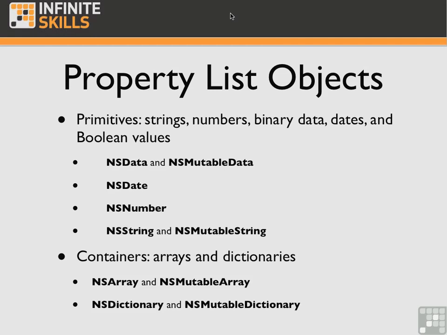Property lists are perfect for storing small amounts of data that consist primarily of strings and numbers. What adds to their appeal is the ability to easily read them into your apps, or use or even modify them, and then write them back out again. That's because the frameworks in Cocoa provide a small set of objects with that behavior built in. By the way, the technical term for such objects is serializable, and we're not talking about breakfast cereal.